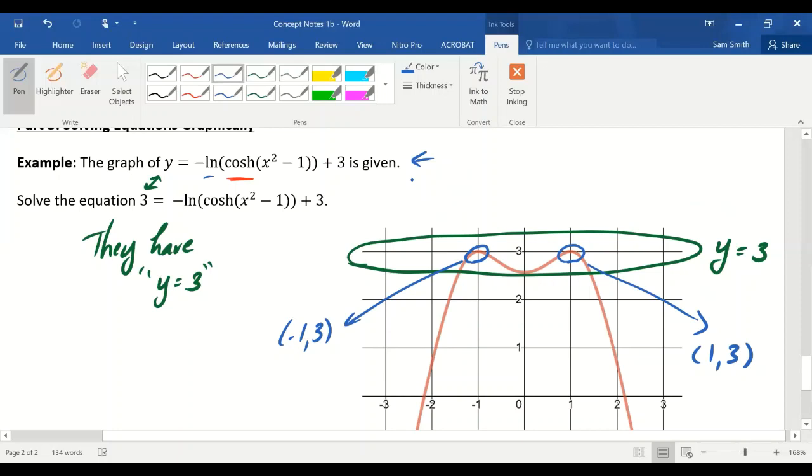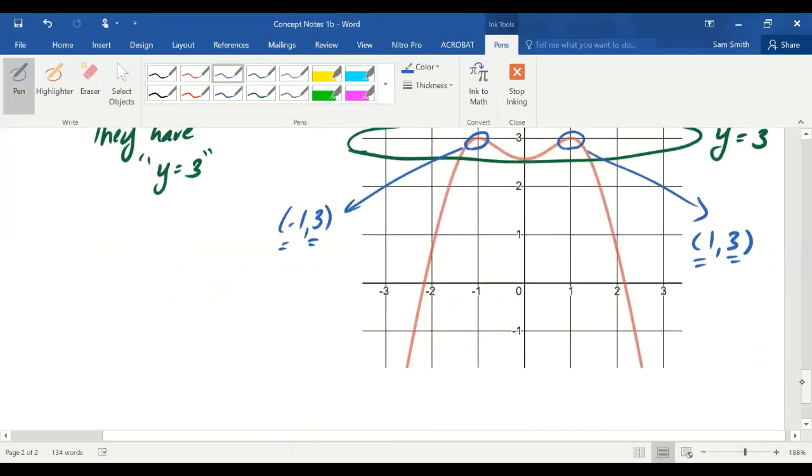And because of that, if I plug in x equals -1, I know that I must get out a y value of 3. And if I plug in x equals +1, y equals 3 must come out from that result as well, because these 2 points, these 2 xy pairs, are on the graph, which means that I can solve this equation just by reporting back the x coordinates that give me this particular y.